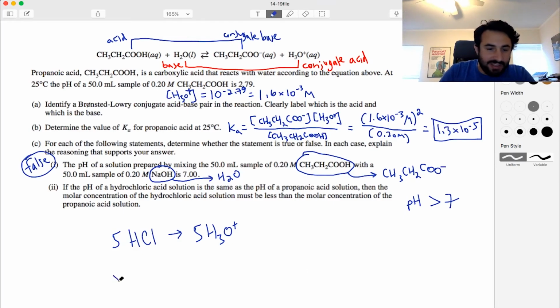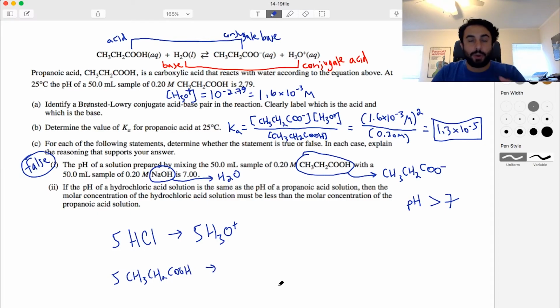Whereas if we have 5 propanoic acids, that is a weak acid, so it will not deprotonate completely. It will not ionize completely. Let's say only 2 out of 5, whatever it is, some proportion. It's less than all of them. Let's say we only get 2 hydroniums. We don't get all 5 because some of this does not ionize.